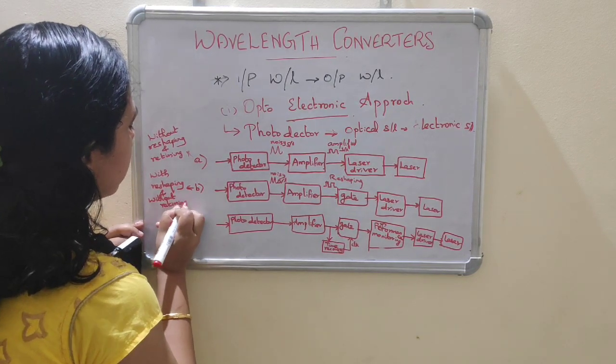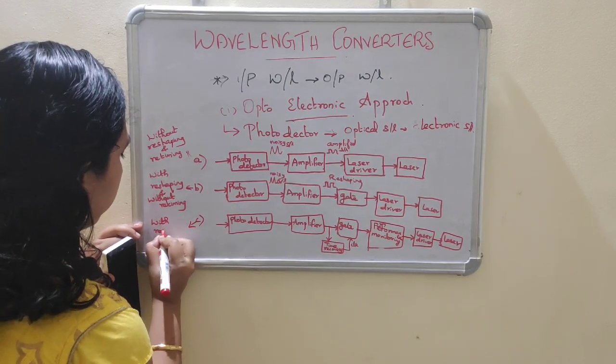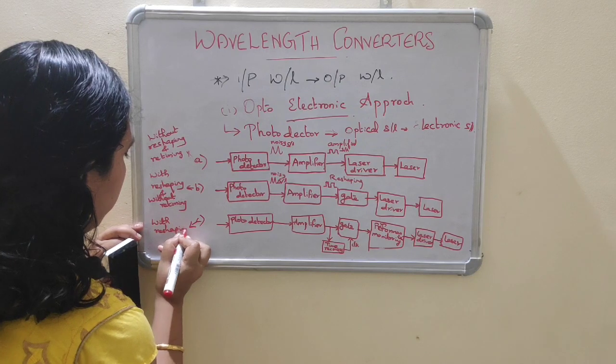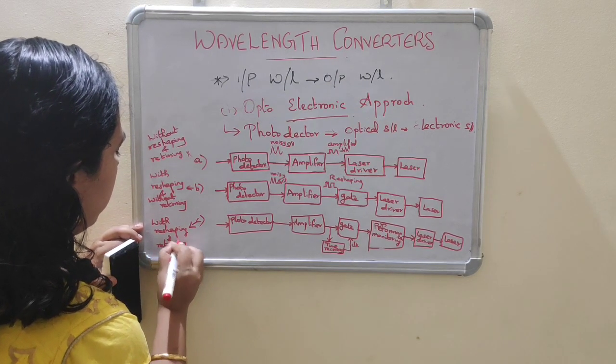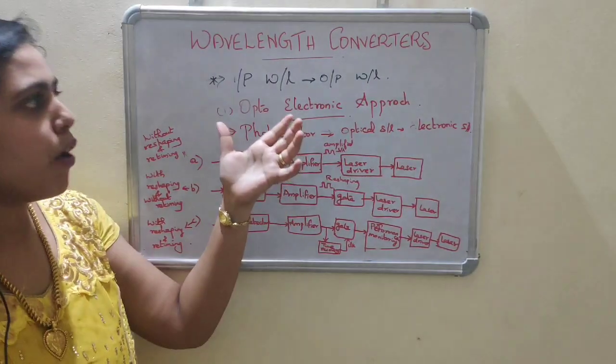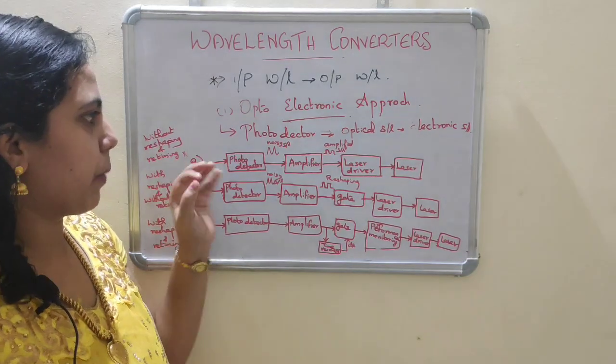And third one is with reshaping and retiming. These are the three types of optoelectronic approach.